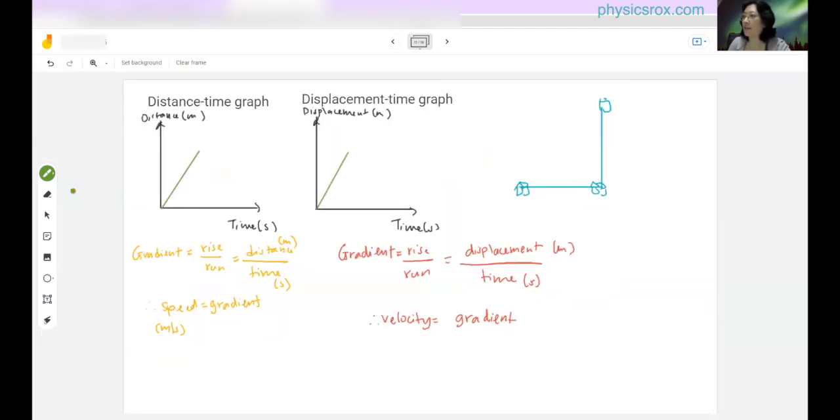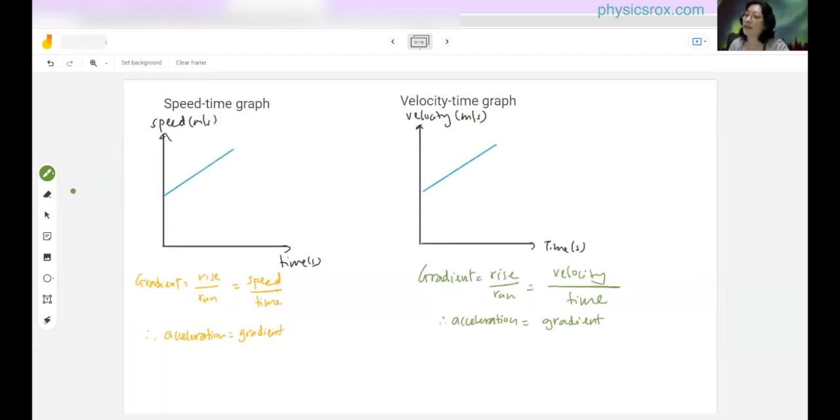Distance is scalar, speed is scalar, displacement is vector, velocity is vector. But for acceleration, there is no scalar version. There's only acceleration, and it is really a vector. That's why in your syllabus, when you calculate acceleration, it is for both speed or velocity. Just to show you the unit, meters per second divided by second becomes meters per second squared.